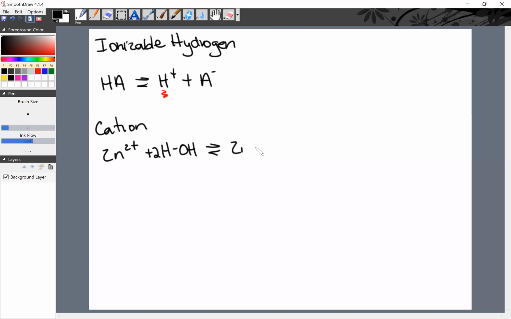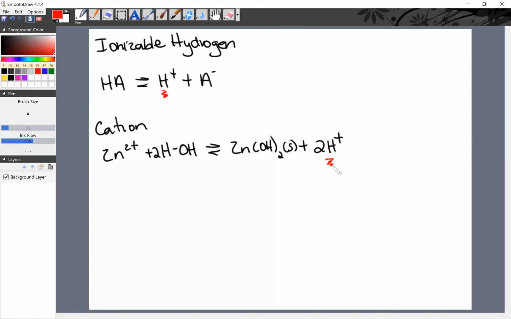And we're going to make zinc hydroxide and two protons. Because the zinc hydroxide is weak, and so it will come out as a solid, and it will force the equilibrium, if you will, to go to the product side. And I don't know how many, I'd have to find the K value, but guess what? It also created protons. So therefore, the cations are also considered acidic when you place them in water.